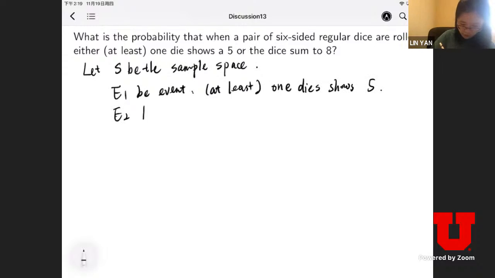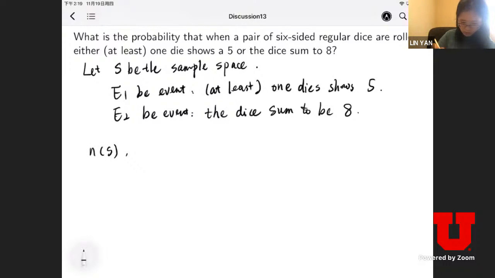And let E2 be the event that the dice sum to 8. So we need to know what is N(S), what is N(E1), and what is N(E2). You can type your solutions in the chat window, and we will discuss it together.